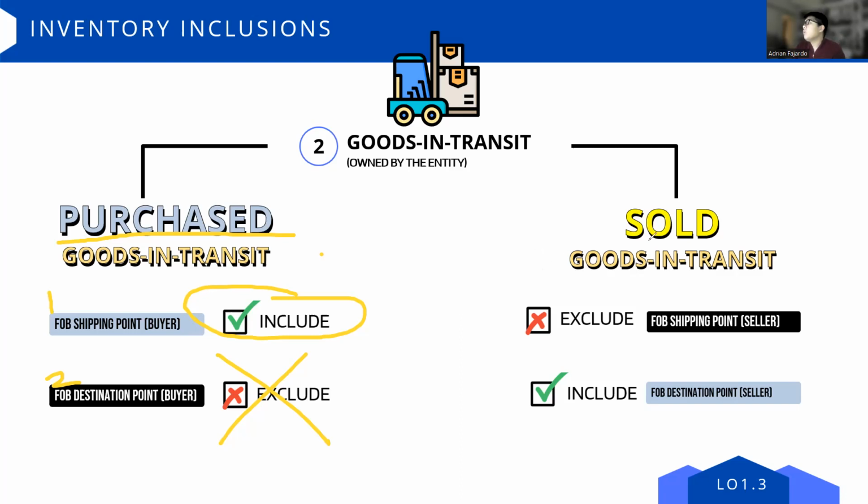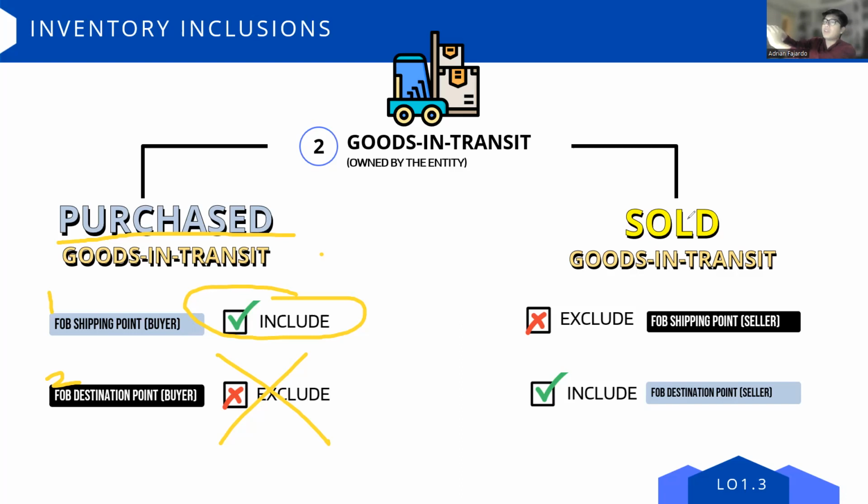Next, we sell those goods in transit. Sold goods naman. So, tayo naman is the seller. So, palabas. So, we sold. Pag shipping point, sino nagbayad nito? Pag shipping point, ang nagbayad is si buyer. So, from that point on, ownership niya na.